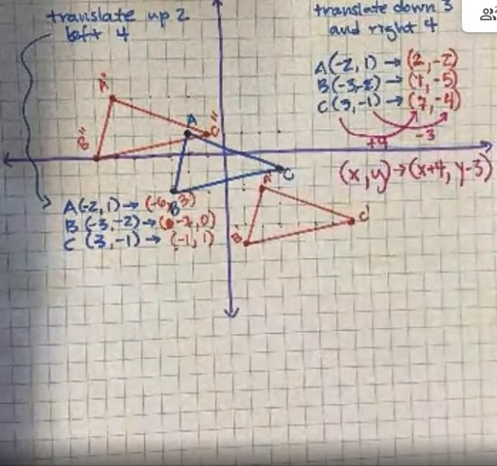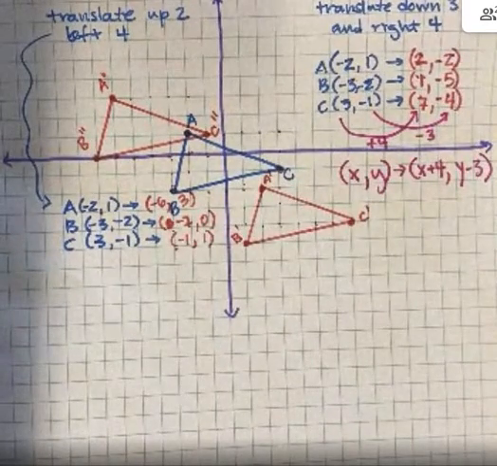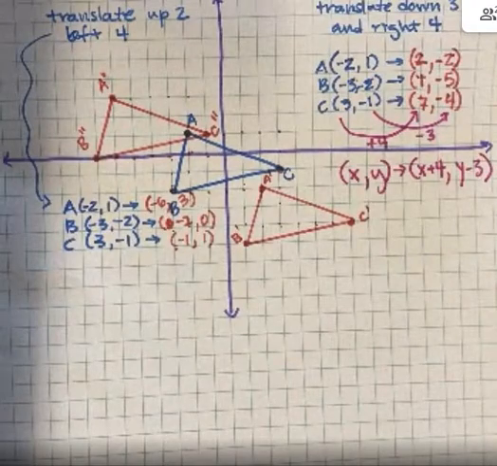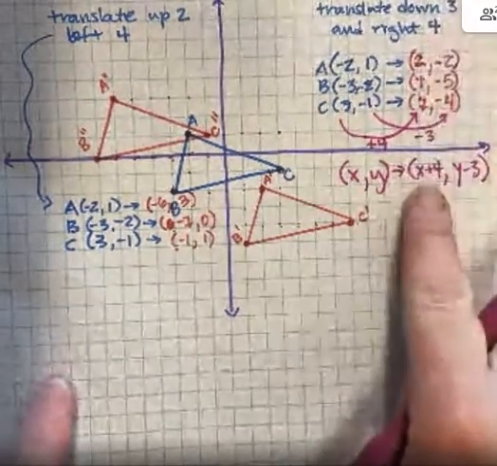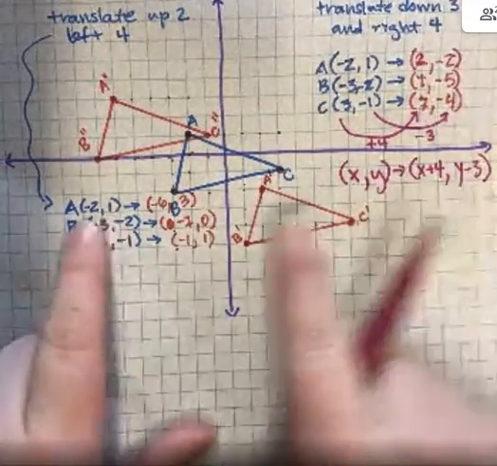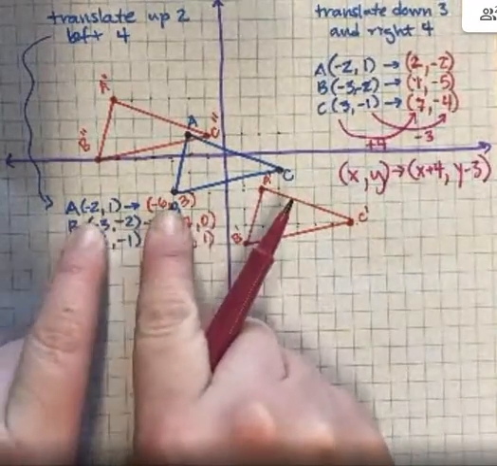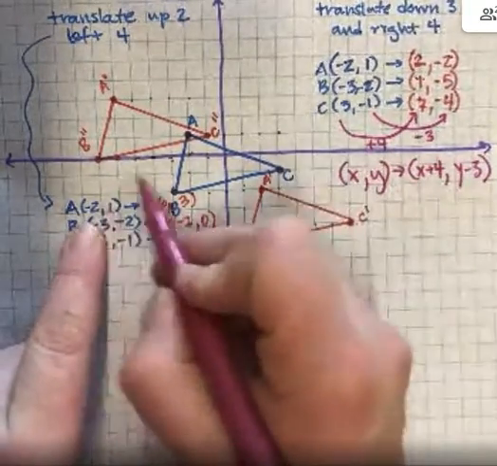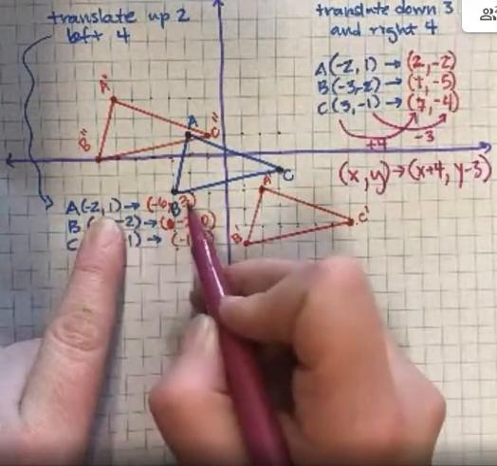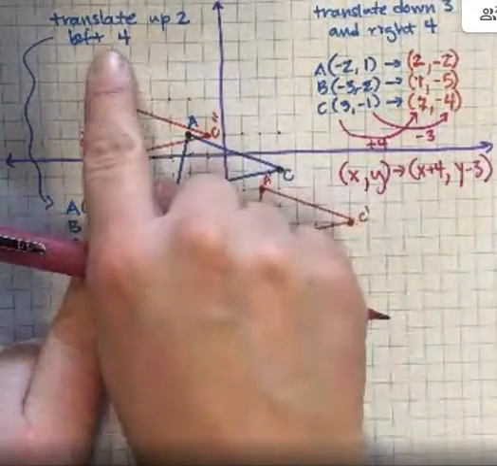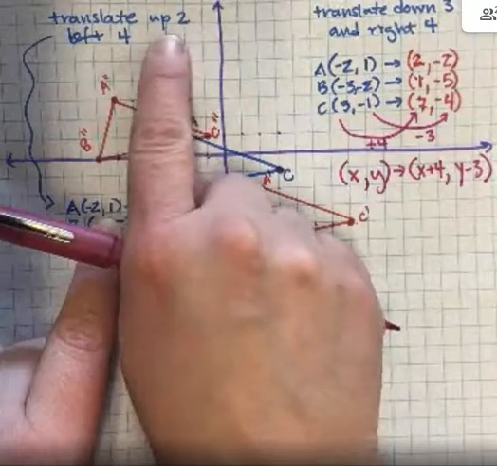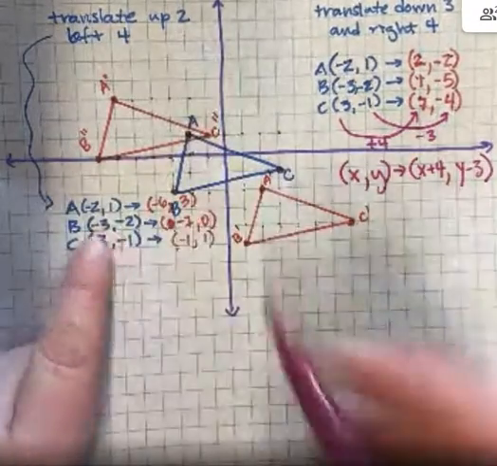So now if we look at these points, hopefully there's a rhyme or reason to this. It doesn't look like it's that plus 4 minus 3 sort of thing, but negative 2 to negative 6, that's subtracting 4. 1 to 3, adding 2. Subtracting 4, adding 2.